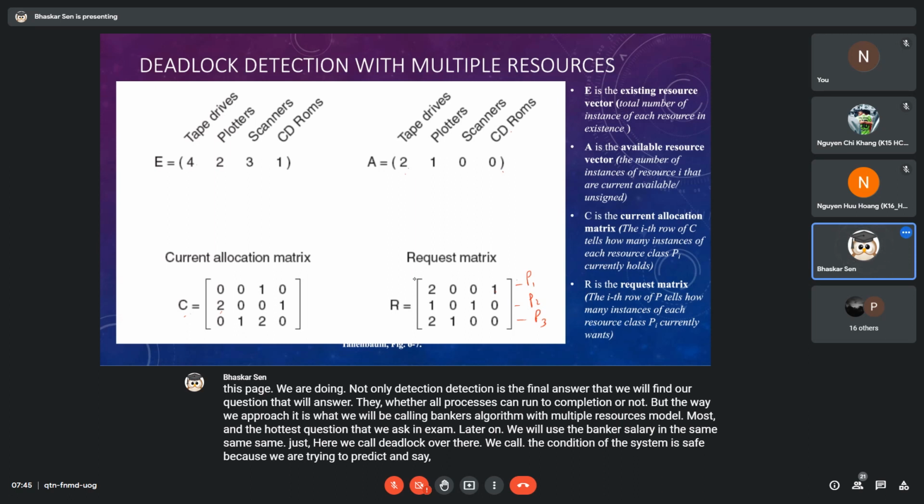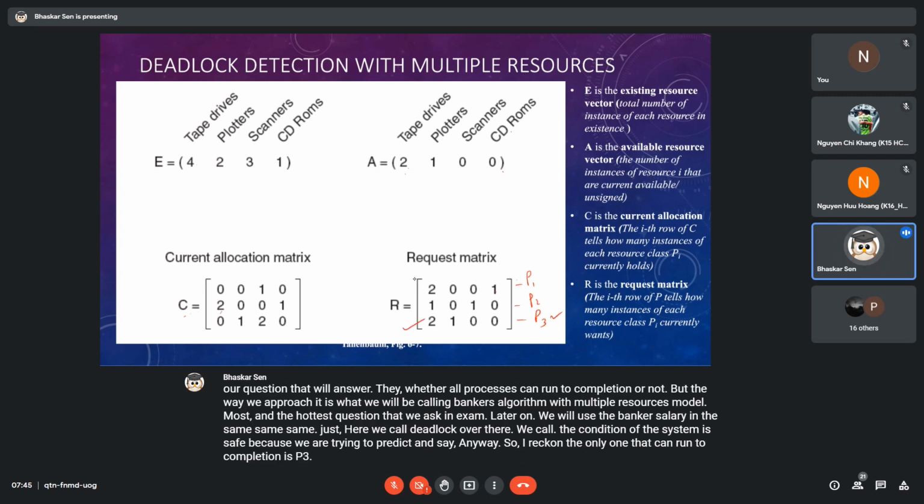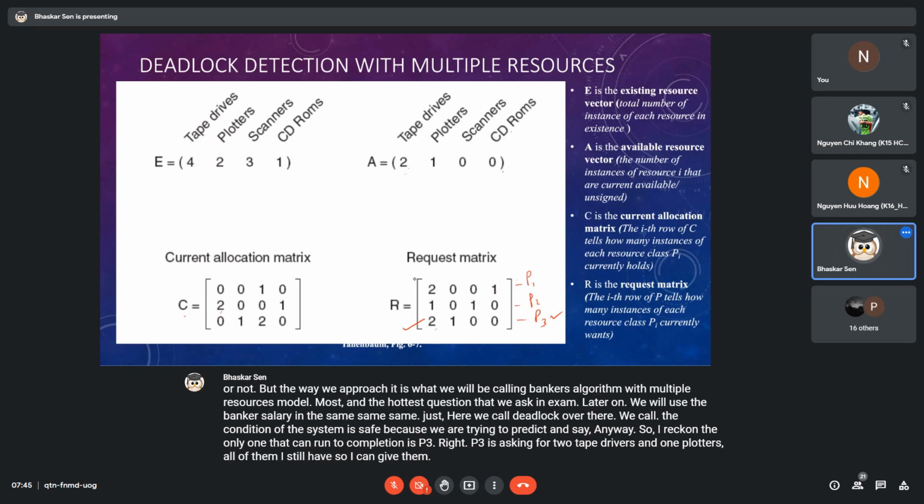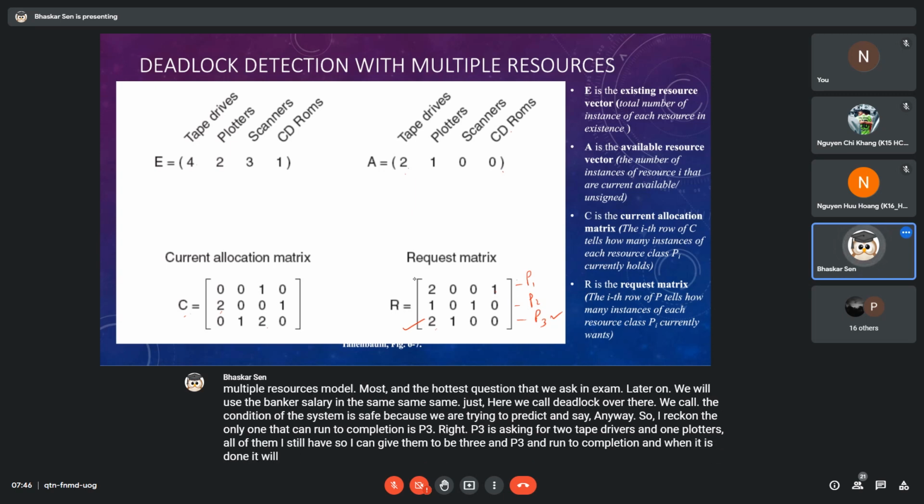Anyway, I reckon the only one that can run to completion is P3, right? P3 is asking for 2 tape drives and 1 plotter. All of them I still have, so I can give them to P3 and P3 can run to completion. And when it is done, it will return everything, this extra one and the old one, back to me.